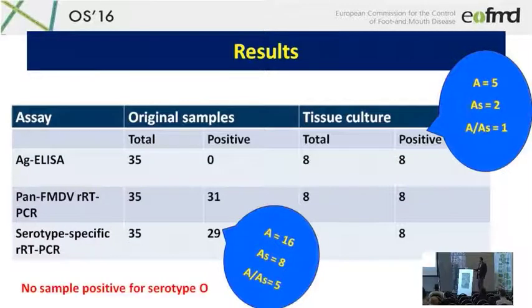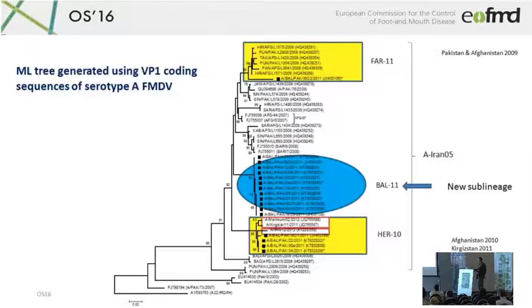To our surprise, no sample was positive for serotype O virus. However, this may be due to immunity due to previous infection of serotype O or due to vaccination. There is some issue with vaccine matching for serotype A and Asia1, so that may be the reason that the samples were positive for serotype A and Asia1 but negative for serotype O.